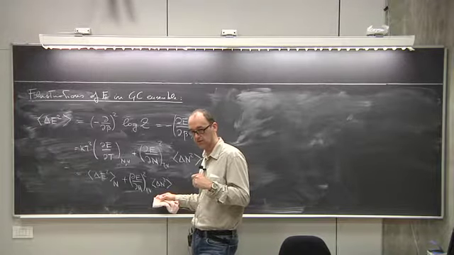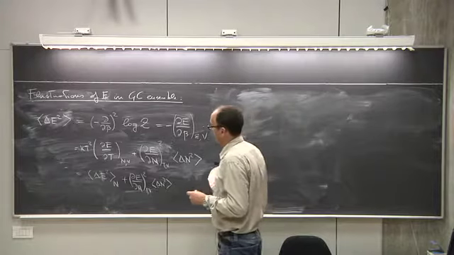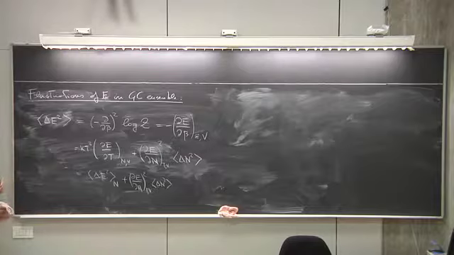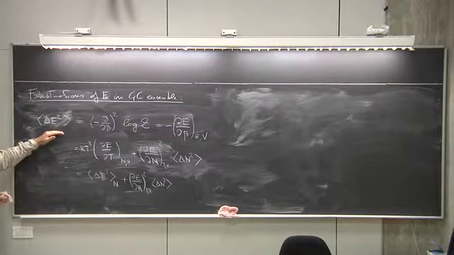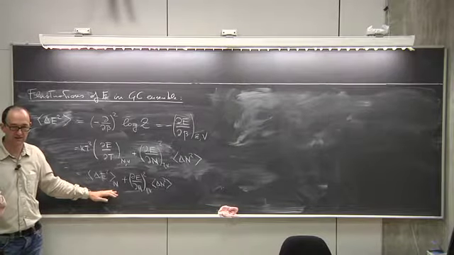Okay. So yes, if you want, you can consider this as the specific heat at constant chemical potential. Well, instead of fixing the number of particles, you fix the chemical potential. And it will be larger than the specific heat at fixed number of particles.